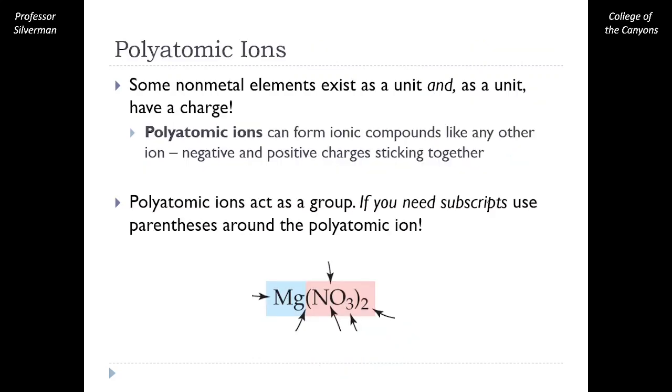We want to take a minute and point out some interesting cases that will come up a lot. We can have what are called polyatomic ions, which exist as a unit, which exist as a group. Here on our slide, we have NO3. This is 3 atoms attached to our nitrogen. In fact, we have nitrogen surrounded by 3 oxygens.